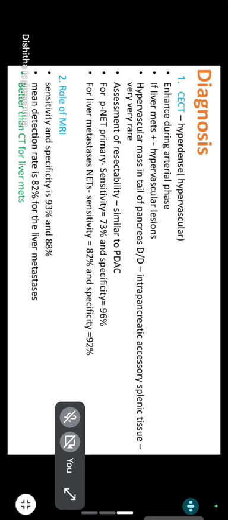Assessment of resectability for a PNET is very similar to the criteria that we follow in pancreatic ductal adenocarcinoma. And the sensitivity of CT is almost 73% with specificity of 96%. In case of liver mets secondary to NET, the sensitivity is 82% and specificity is 92%.